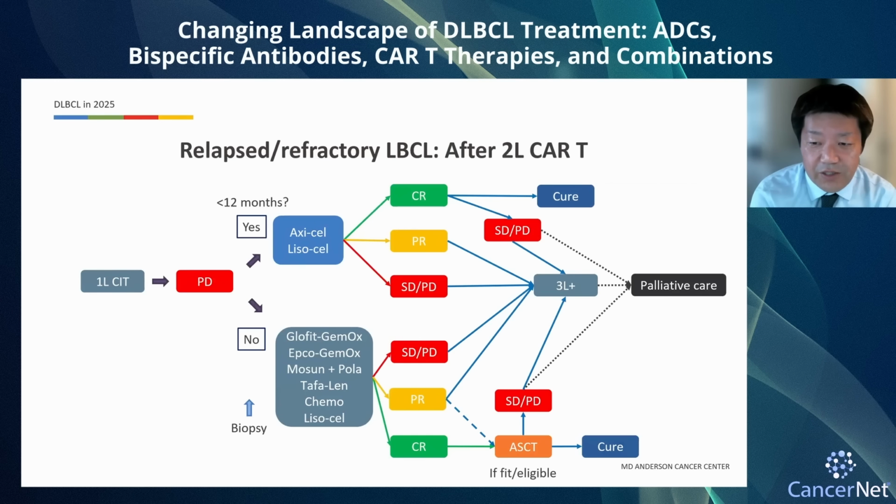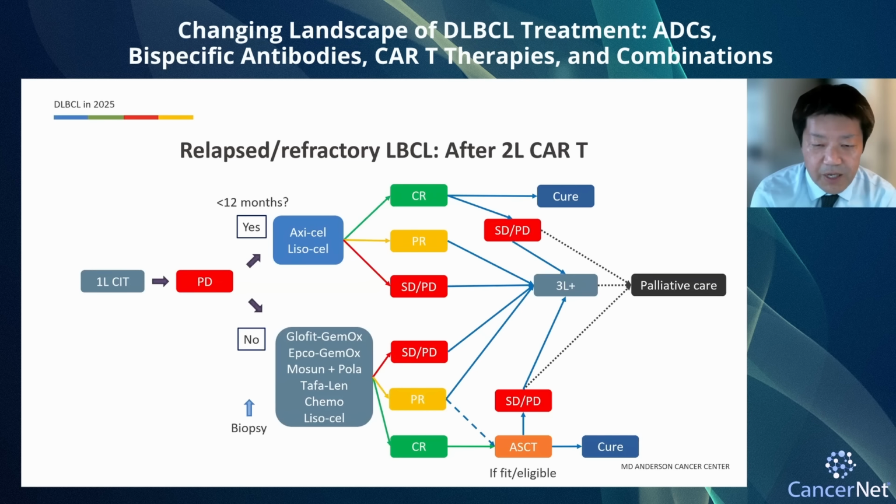So with all these new studies, the management of relapsed refractory large cell lymphoma after first-line treatment has become much more complex, and we now need to carefully consider the timing of relapse. For patients who relapse within 12 months, I think it's almost a no-brainer.